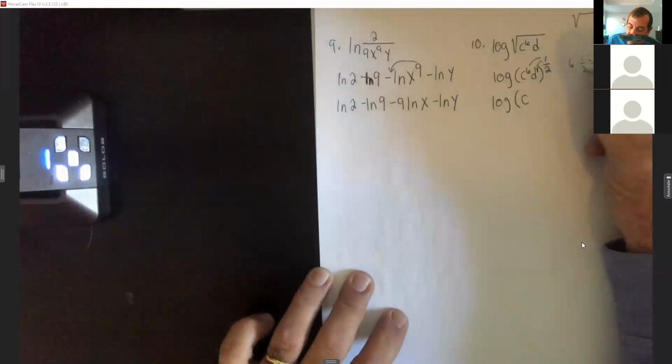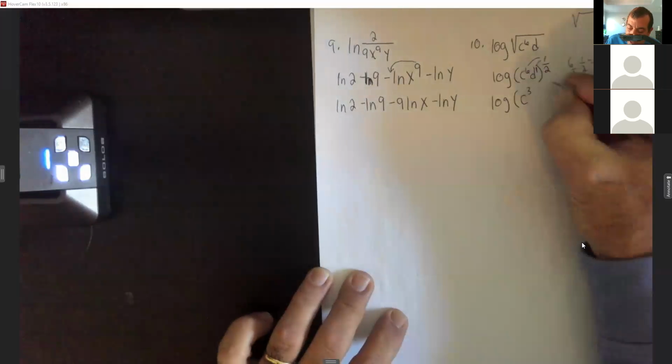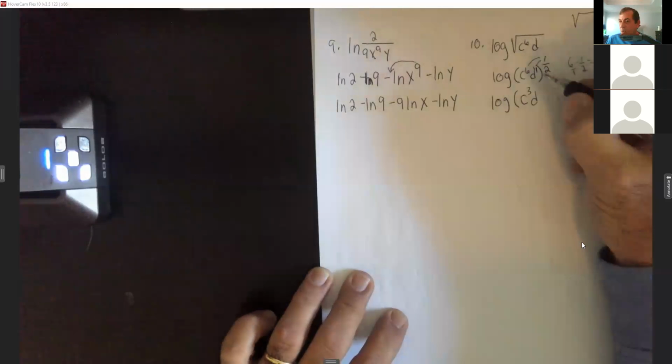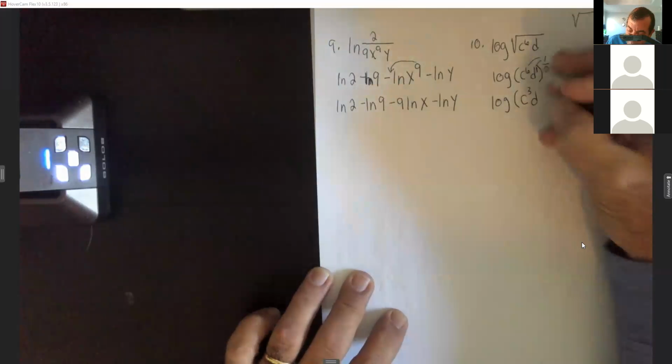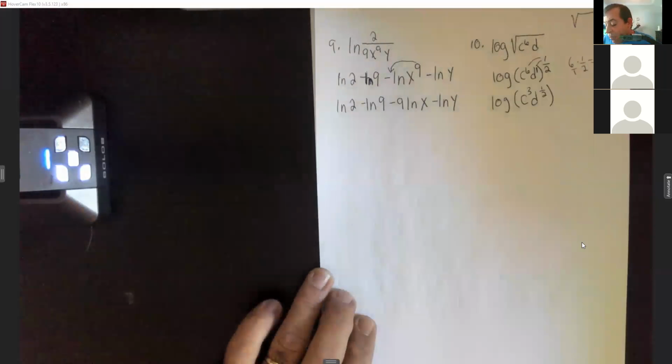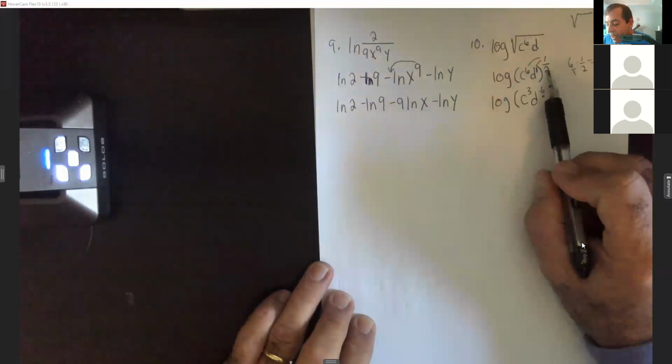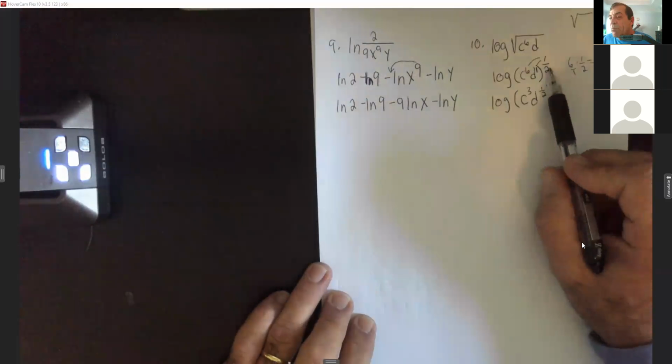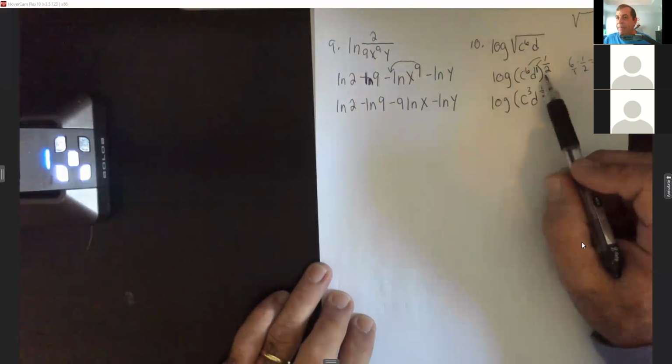That'll be 6/2, which will give me a 3. And then d, 1 times 1/2 is just 1/2. So that's the power rule of exponents. When you got an exponent raised to an exponent, you multiply those exponents, okay?